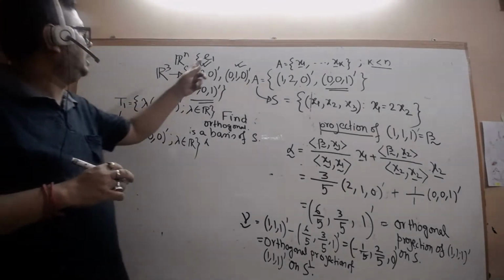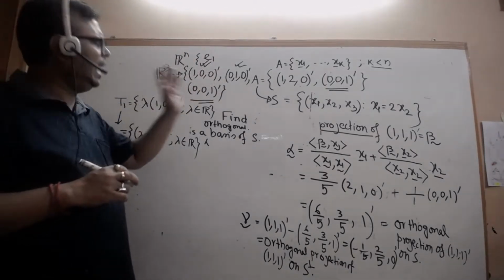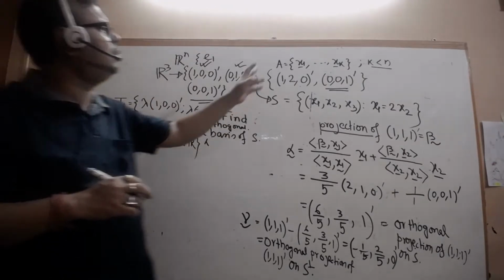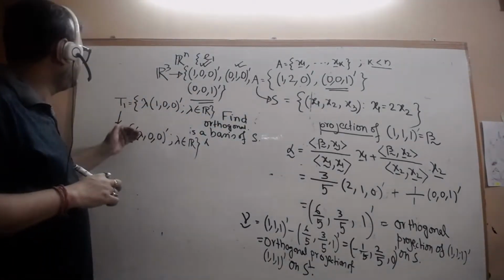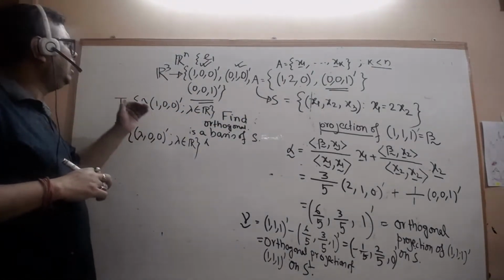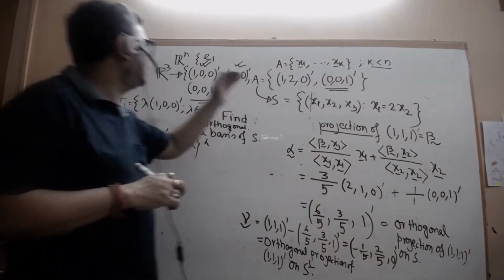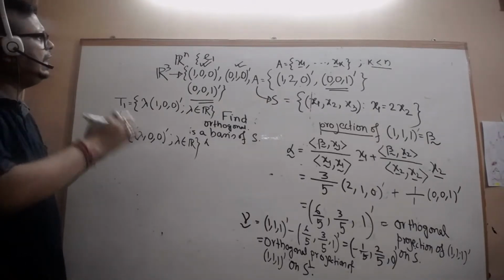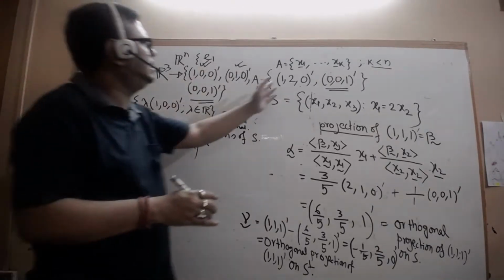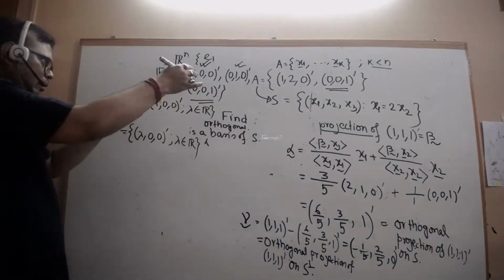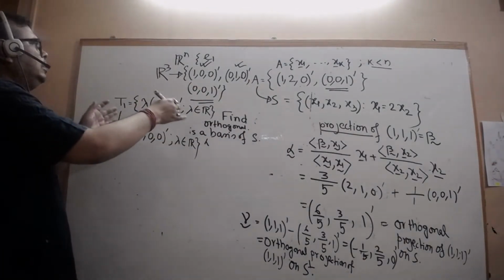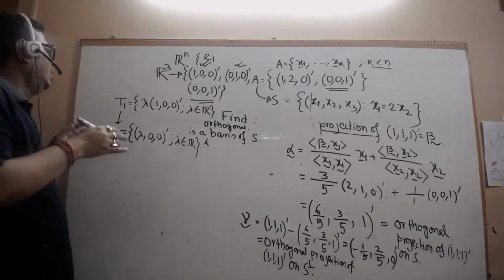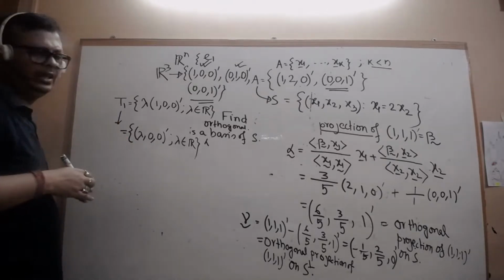Similarly, if E1 cannot be written as a linear combination of x1 to xk, this means E1 does not belong to S, hence E1 belongs to T1. Similarly, for each Ei you need to check this process, and using this process you easily get E1 to E n minus k, which gives you the basis of T1.